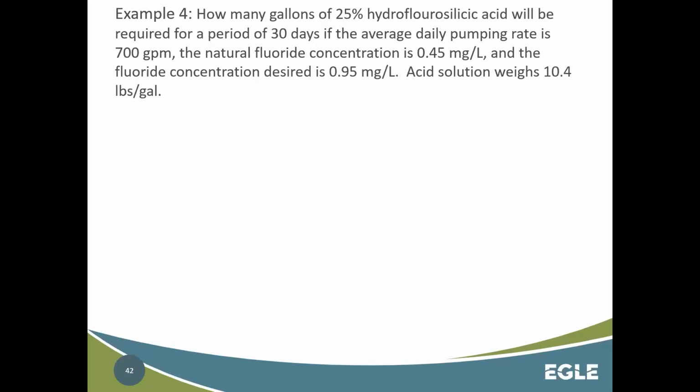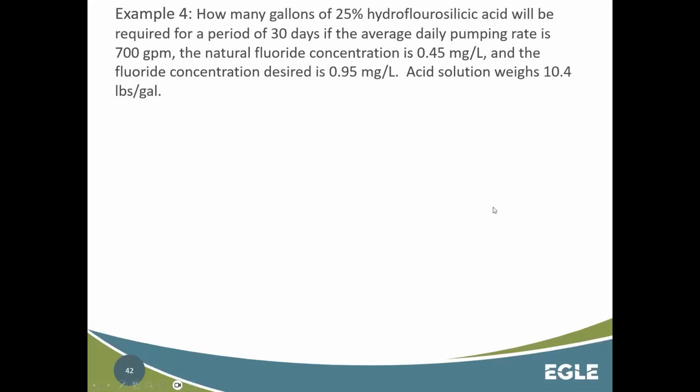The natural fluoride concentration is 0.45 milligrams per liter, and the desired fluoride concentration is 0.95. So again, we don't have a volume of water, we have a pumping rate, and we need to convert that to a volume of water.